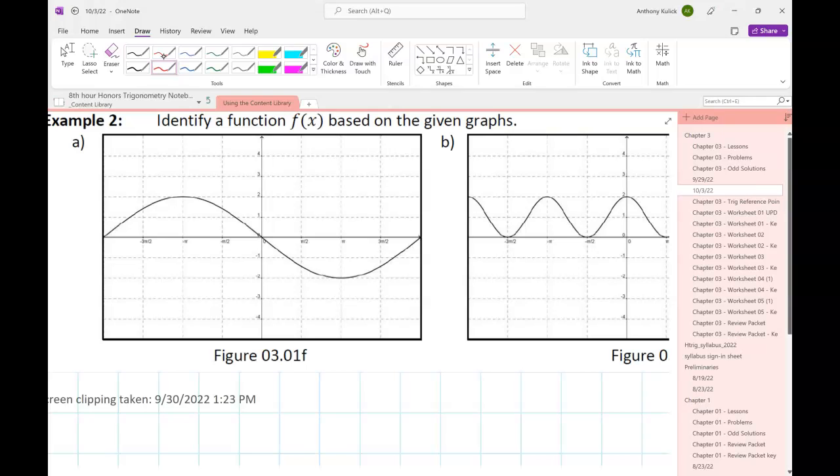Additionally, because you could translate some amount horizontally, and then you could do that same amount plus 2 pi and end up at the exact same graph, and keep adding 2 pi to that amount you translate, and you're still going to get the same picture.